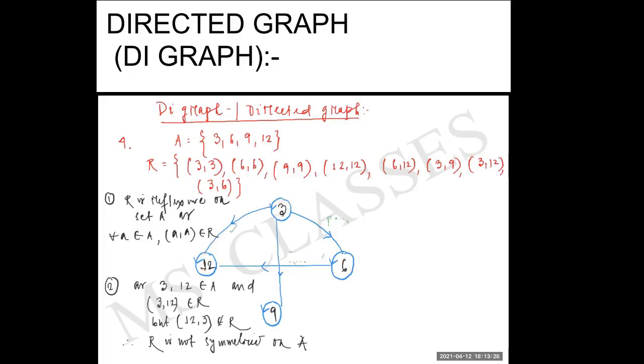So here you write part 3: R is transitive on A. Why? As (3, 6) belongs to R, (6, 12) belongs to R, and (3, 12) belongs to R.